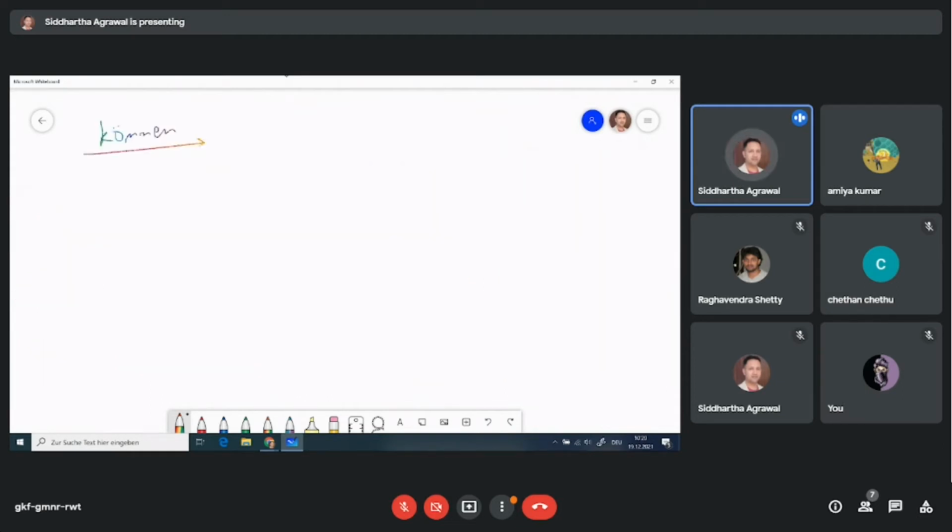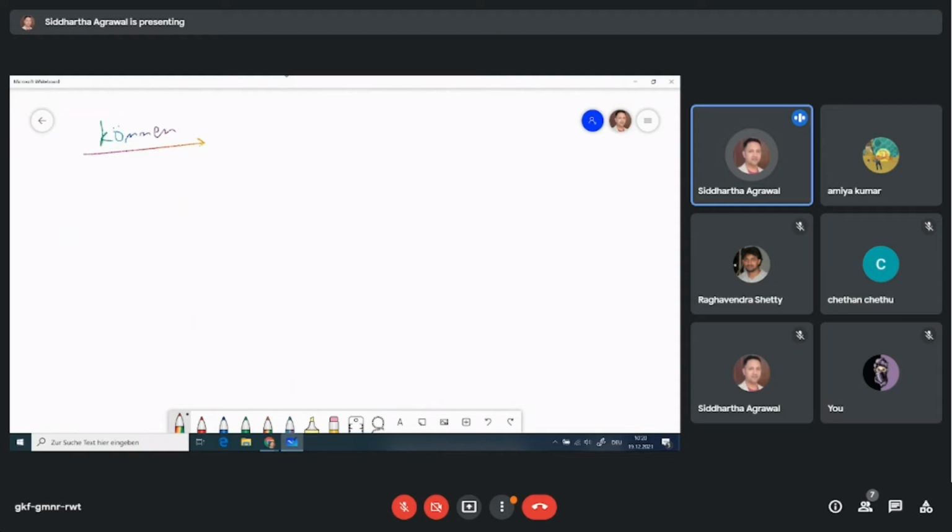One more important factor or parameter, especially for Amia, as I said: normally this modal verb comes in the second position. Let's say 1, 2, 3, 4, whatever it may be. So the modal verb mostly comes in the second place in a sentence.